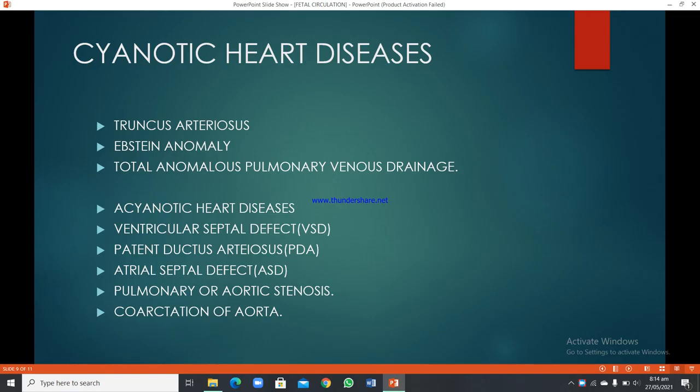Cyanotic heart diseases, again, truncus arteriosus, Ebstein anomaly, total anomalous pulmonary venous drainage. Acyanotic heart diseases: ventricular septal defect, that is VSD, patent ductus arteriosus, PDA, atrial septal defect, ASD, pulmonary or aortic stenosis, coarctation of aorta.